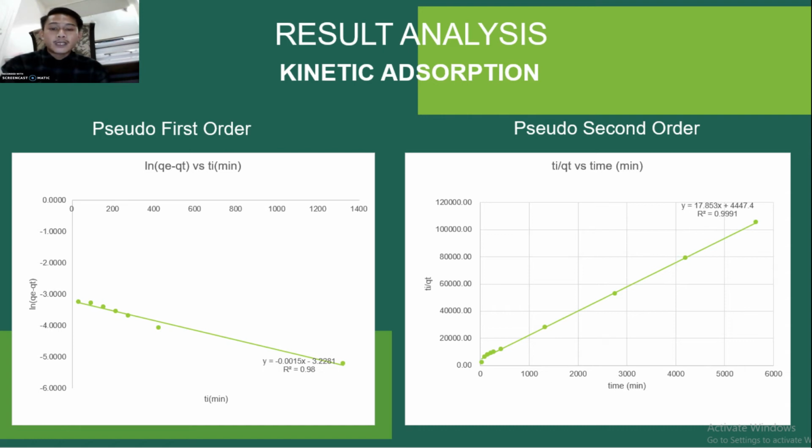By applying the value of K2 Qe2 into the equation, K2 can be calculated, which is 0.083 for the pseudo second order model. In this study, the correlation coefficient R2 obtained from the linear trend line is 0.9991.